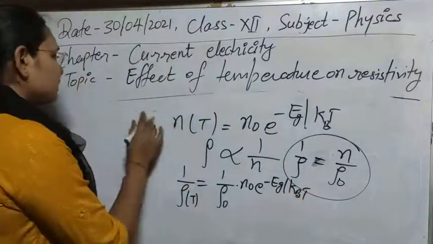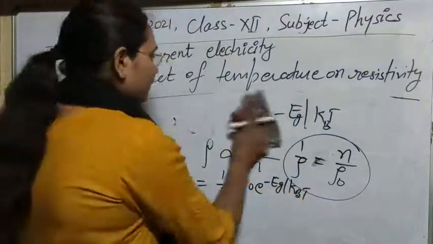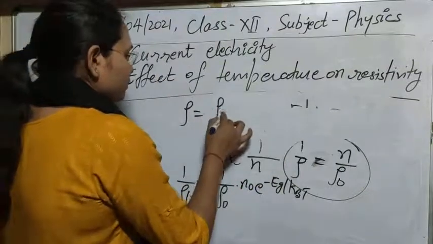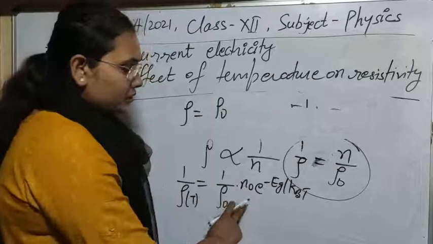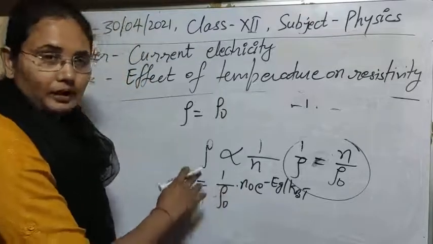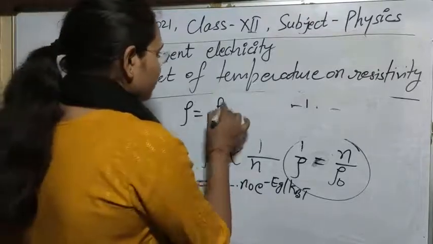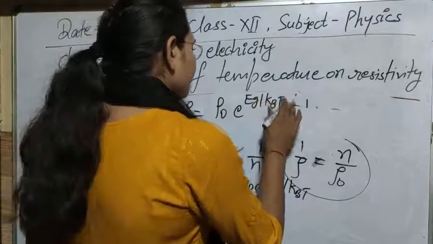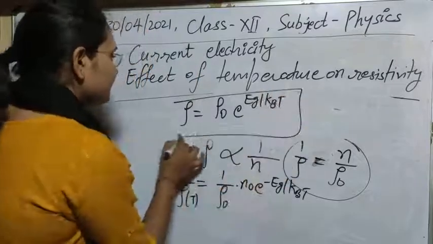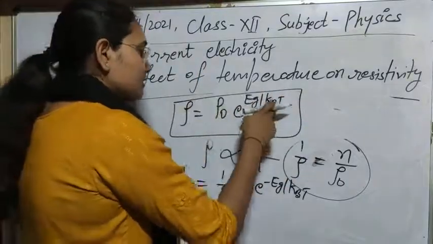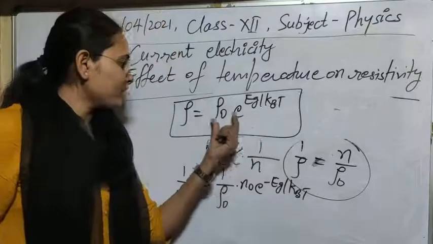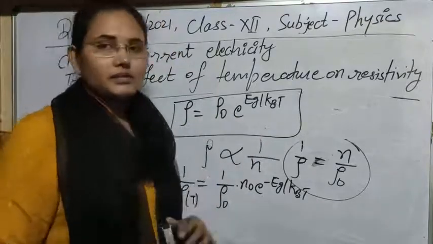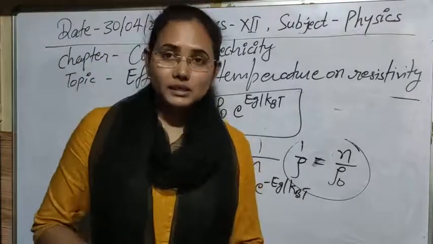If you solve it, you get rho equal to some rho 0, where we denote the whole constant by this one, into e power Eg by kBT. So from this factor you can see that if temperature is increased, this factor will decrease, and due to the decrease of this factor the resistivity of the semiconductor decreases. So the resistivity of a semiconductor decreases with increase in temperature.